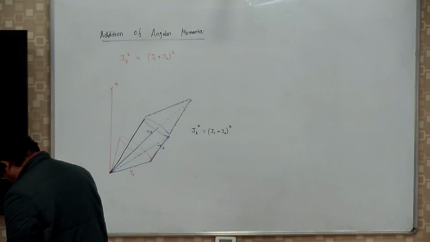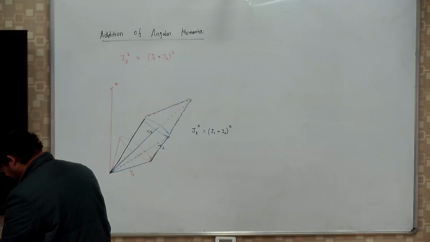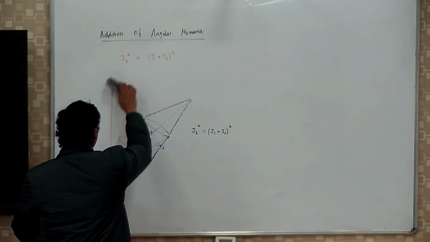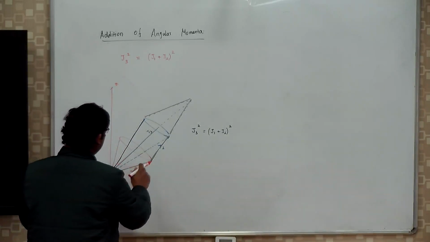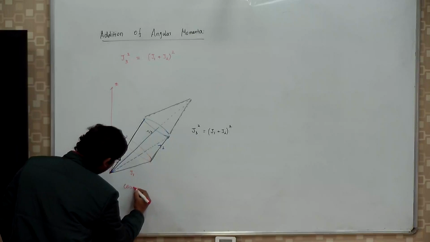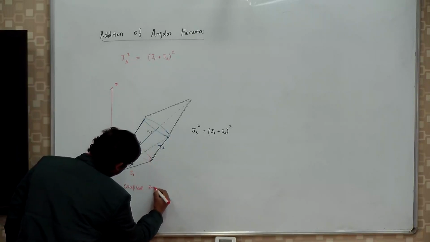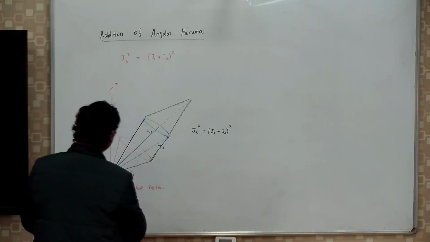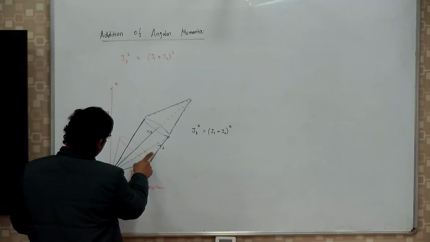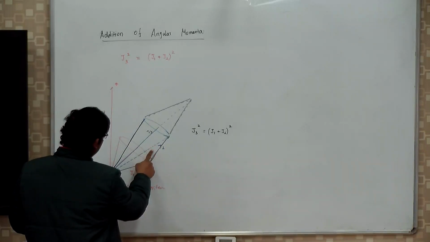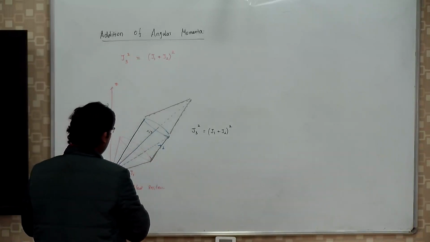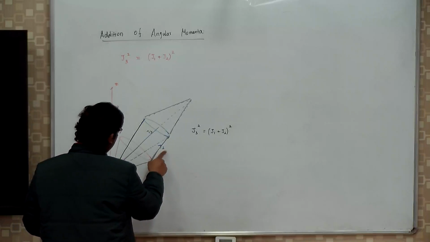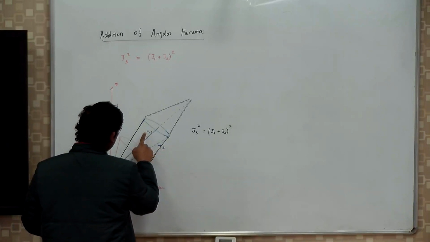If this is the case, then the difference between the coupled and uncoupled is this: this is nothing but a coupled basis or coupled system. J1 and J2 precess differently from the z-axis, and the sum of J1 and J2 is nothing but J3.